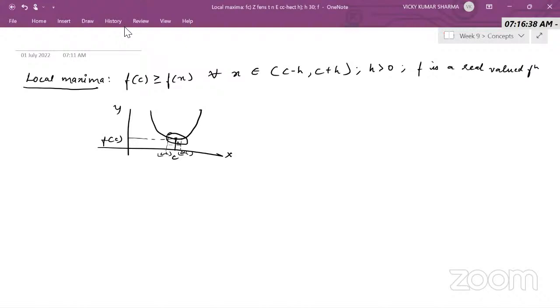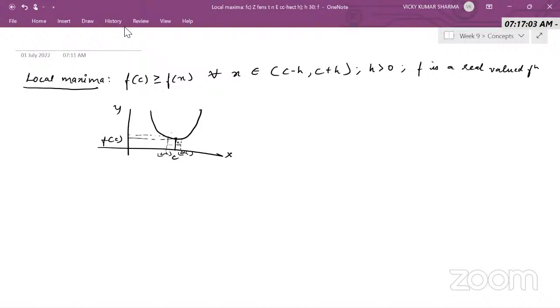Now when I say that f of c is greater than or equal to f of x, look at this interval. In this interval, is my f of c greater than or equal to f of x? The answer is no, because if I take any value over here, this gives me some greater value than f of c.